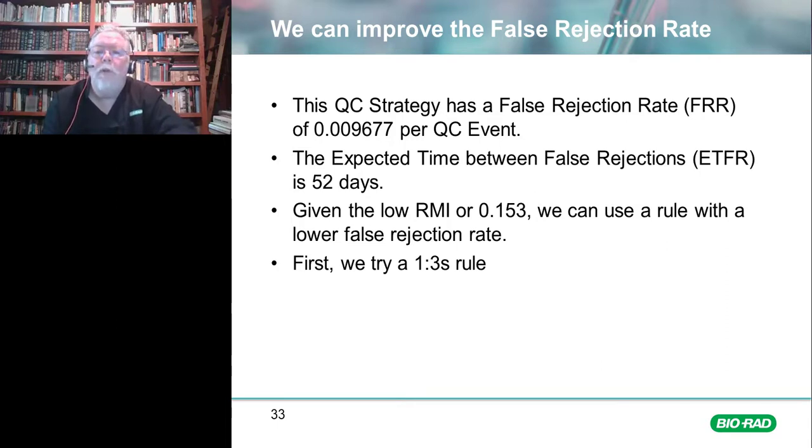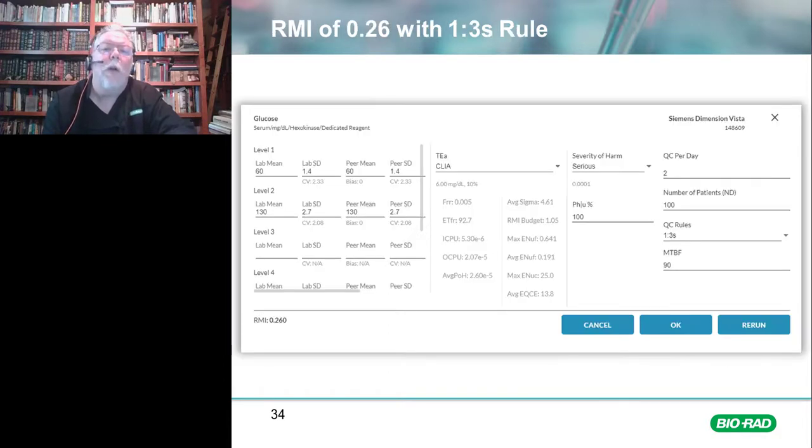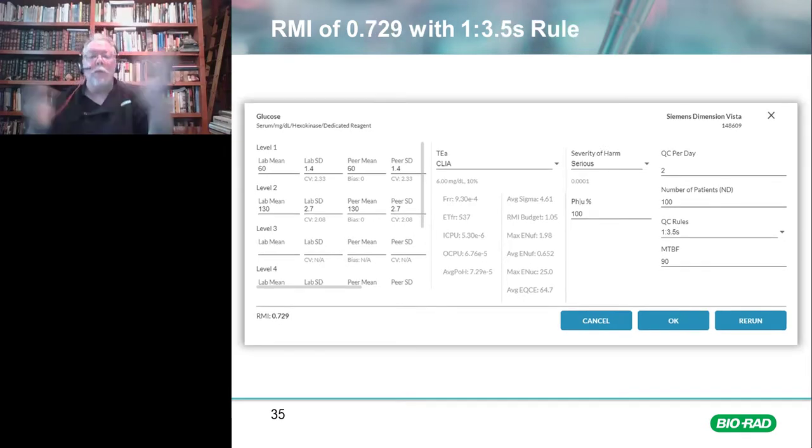Well, if I first try a 1-3S rule, I end up with an RMI of 0.26, which is certainly better. But you know what? I'm going to go all the way up to a 3.5 QC rule. And when I do that, my RMI is still 0.73. So I still have managed risk. But let's look at what this does for us.